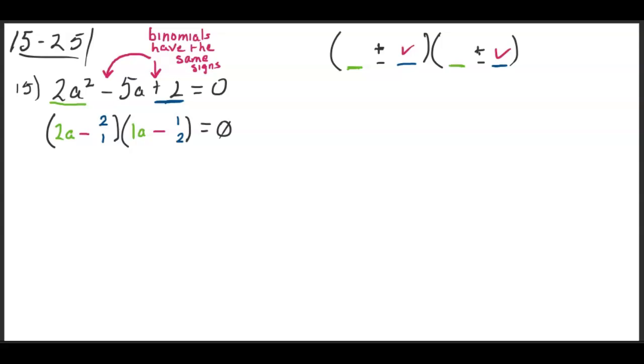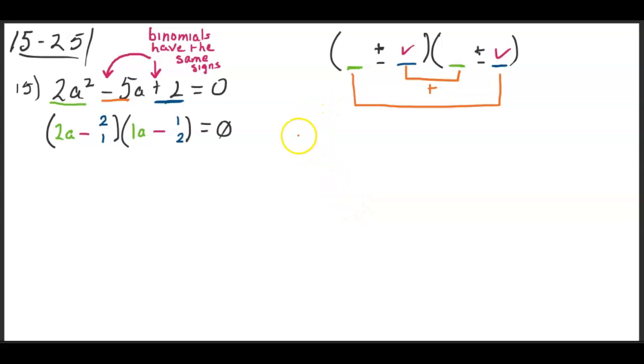How do I get the negative 5? Well, the way I get the negative 5 is it's these two, the last and the first term, multiplied together, plus these two. Okay?